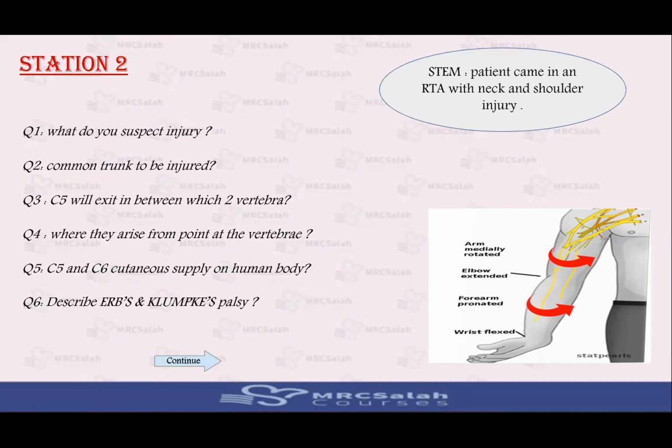Medial cutaneous nerve of the forearm. Arm and the forearm medially. Medial cutaneous nerve of the arm. Medial cutaneous nerve of the forearm. Ulnar nerve, not forearm. So again, what is the cutaneous supply of the ulnar nerve?